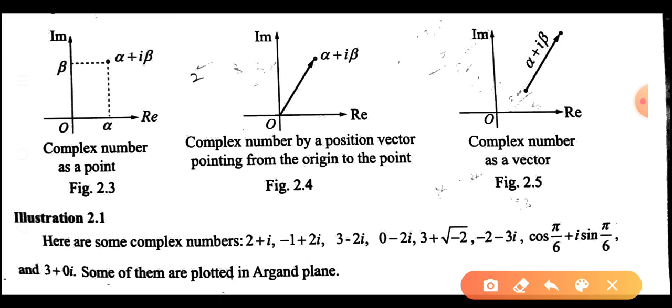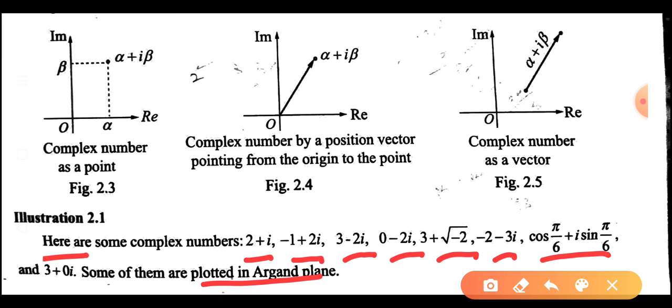First one, we take 2 plus i, minus 1 plus 2i, 3 minus 2i, 0 minus 2i, 3 plus square root of 2, minus 2 minus 3i, cos pi by 3 plus i sin pi by 3, and 3 plus i0. Some of them are plotted in the Argand plane. We are going to represent them in the Argand plane. Okay, these complex numbers are plotted in the Argand plane.